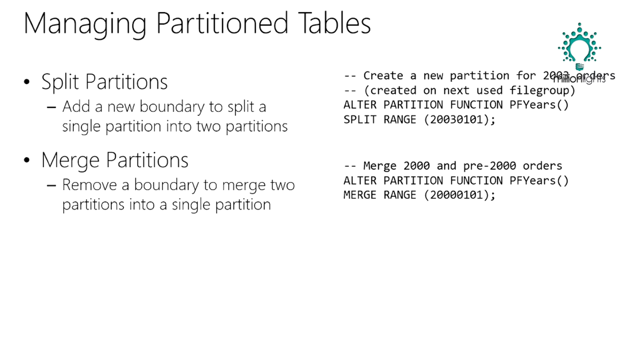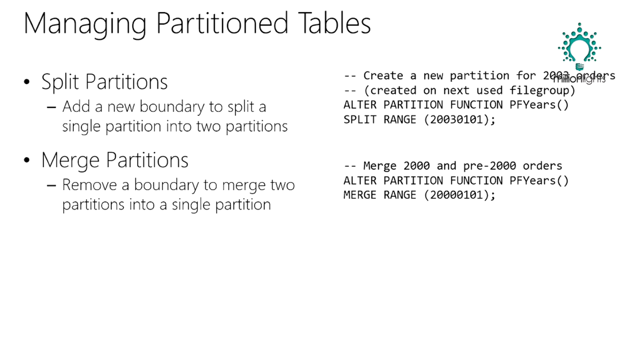Exactly. And the next managing area is merge partitions. This is about removing a boundary to merge two partitions into a single partition. You may do this for consolidation of archive data, of older data.